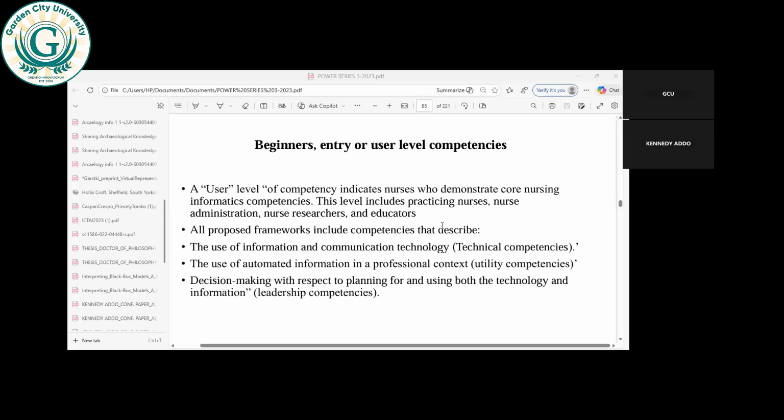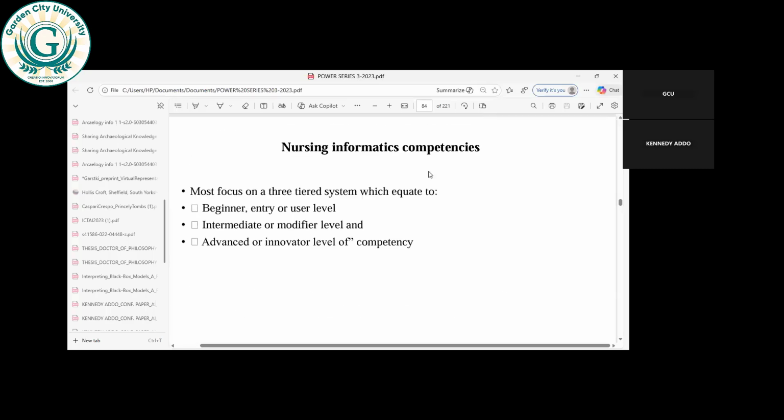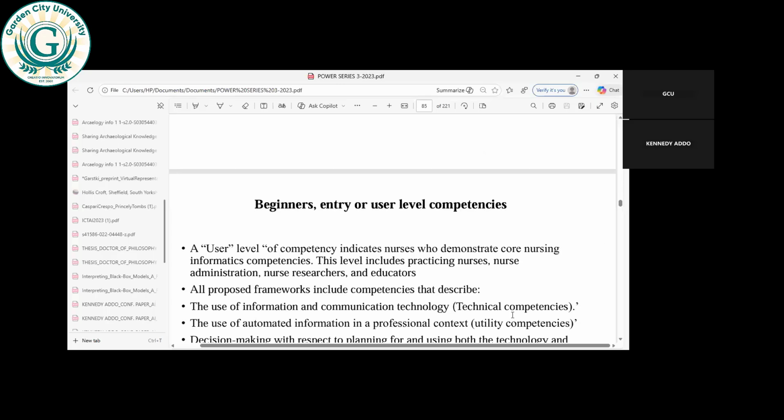If you are able to make informed decisions with respect to planning and using both the technology and information, that will also give credence to leadership competencies, right? So let's take note of this one so that you are better informed. We are going to look at a beginner, entry, or user level. You will apply technical, utility, and leadership competencies.